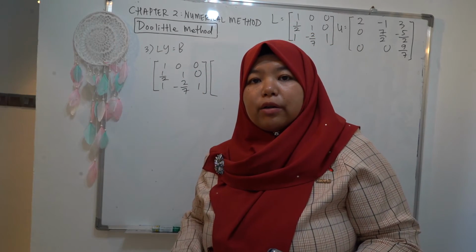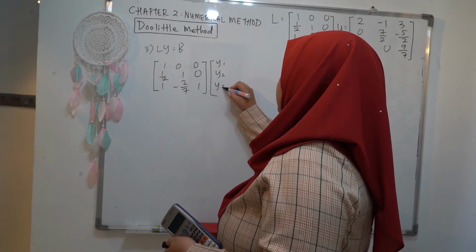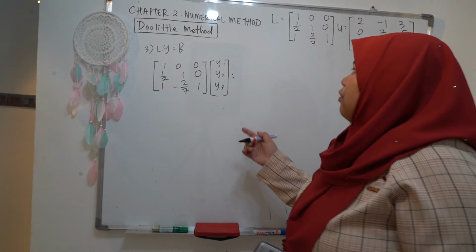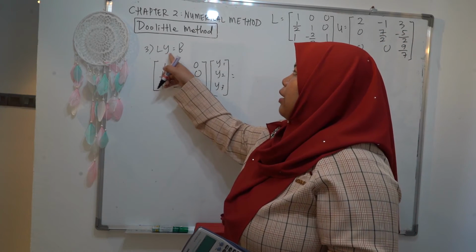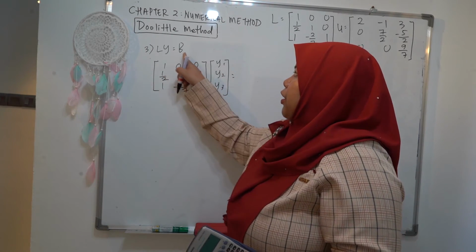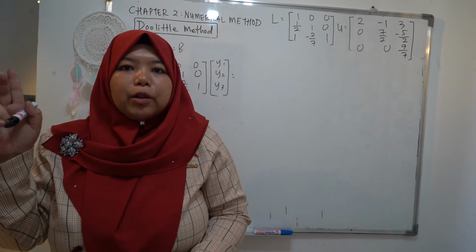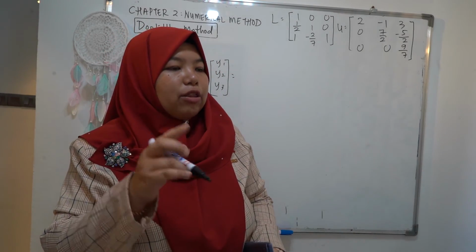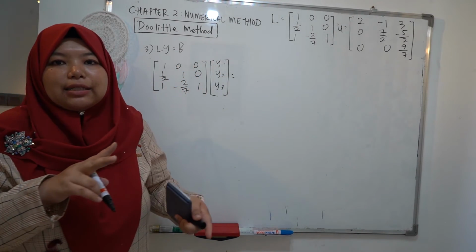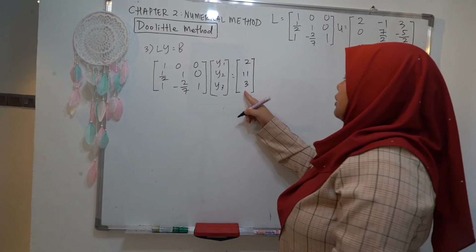We just put Y1, Y2, Y3. It is fixed. Or maybe you can use any constant. Because the formula is Ly equal to B, to make it easy I just put Y1, Y2 and Y3. How about the matrix B? You can look at step 1, because at step 1 we do the AX equal to B. So this is the matrix B.